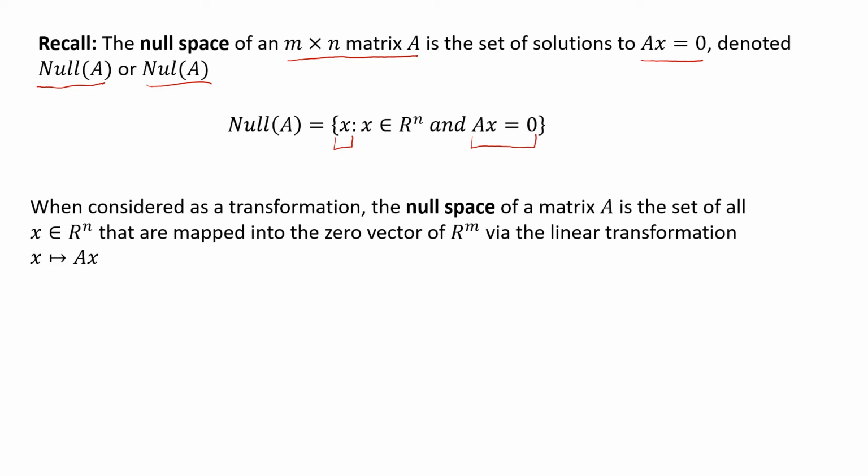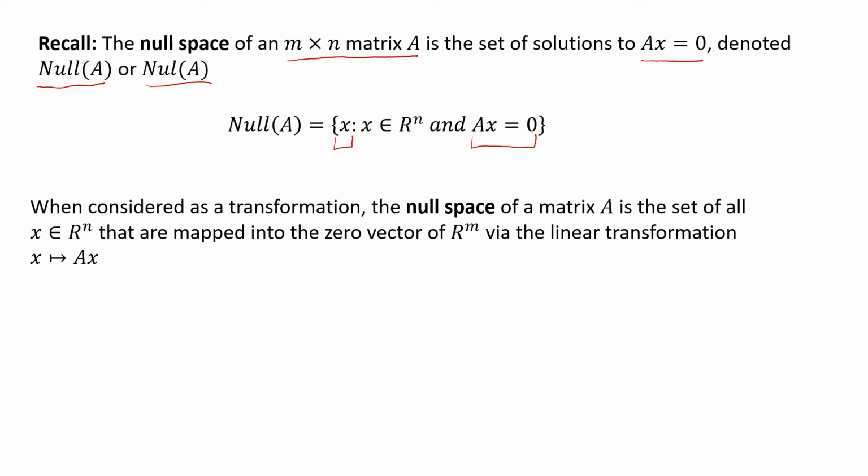You can also think of this in terms of a transformation. Remember we spent a bit of time on saying how matrix multiplication and linear transformations have different definitions, but there is this correspondence between them, that a transformation has a corresponding matrix where the transformation is just the matrix multiplication and vice versa.